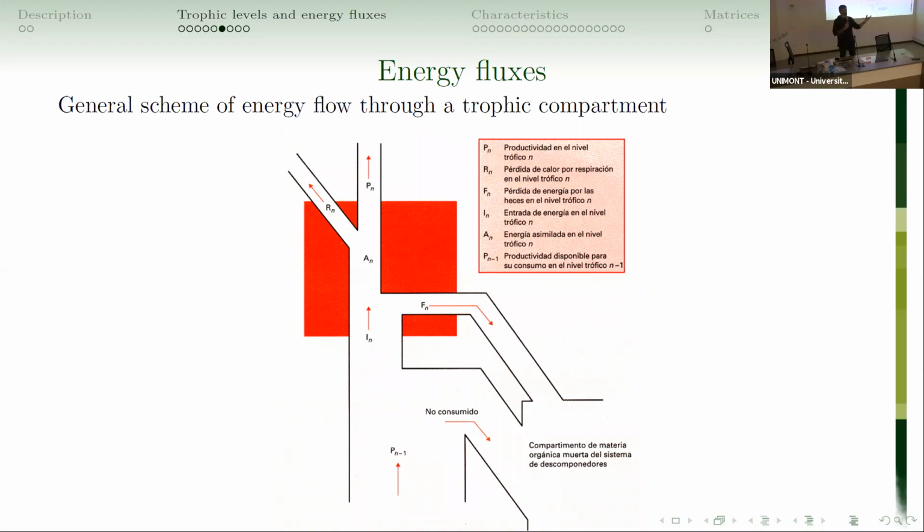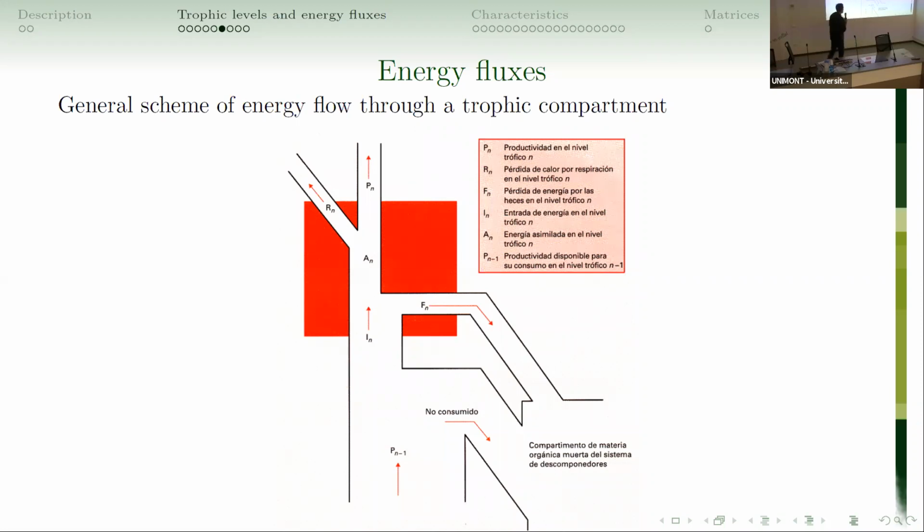Plants will grow larger vertically, or they will produce more leaves, and animals will just get fatter, okay? But this scheme is very important because it happens in all of the individuals in the food web. For each of the individuals, there's something that's available, out of this something that's consumed, out of this something that's assimilated, and out of this something that's produced, okay?